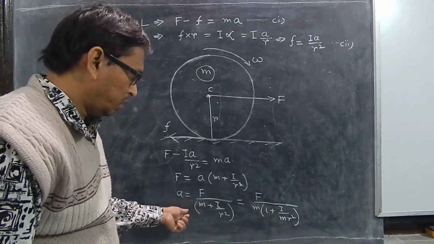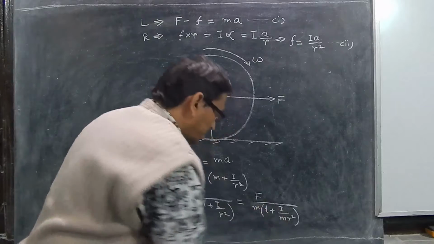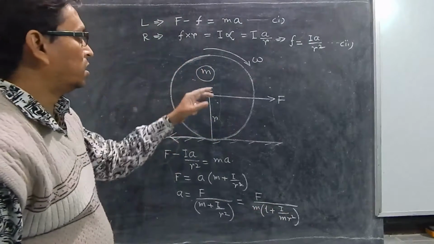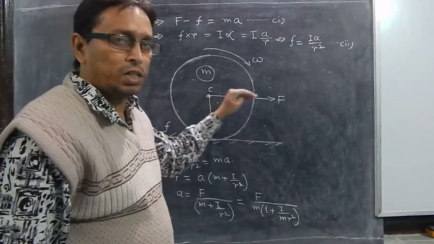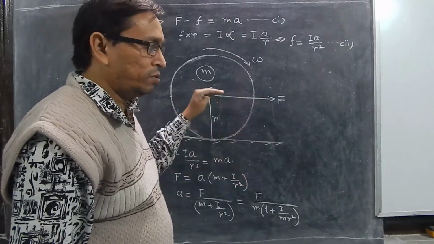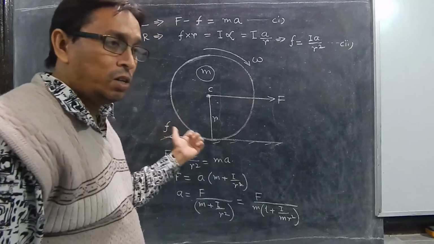So that's why we take common m, and the relation becomes like this, 1 plus I by m R square. So this is the acceleration of a body when the force is given from the center, through the axis. So when you give force through the axis, then remember the frictional force will always be in the opposite direction.